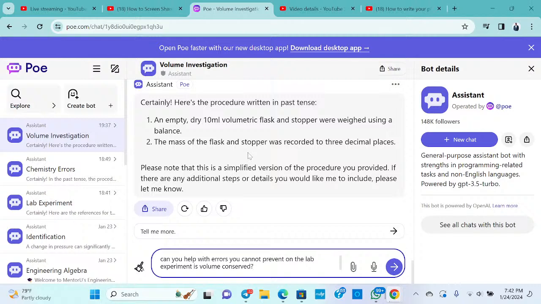Then you just press enter, and then it will give you some answers. So you just read through, and then you see which one is actually talking sense. Then you just put it inside the report.